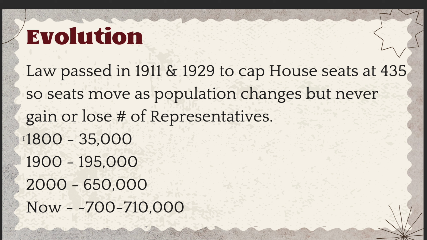What this looks like is that as our population grows, so too does the accountability of our representatives. Right? In 1800, one representative represented 35,000 people. Now, in 2024, one representative is responsible for around 705,000 people.